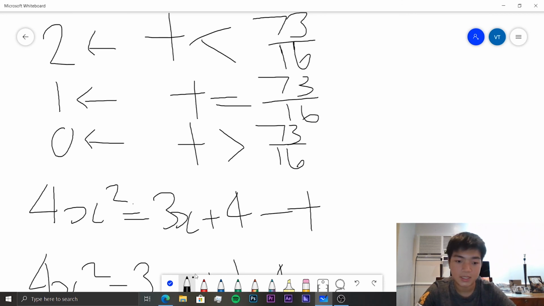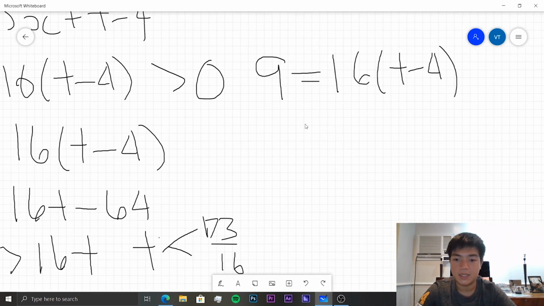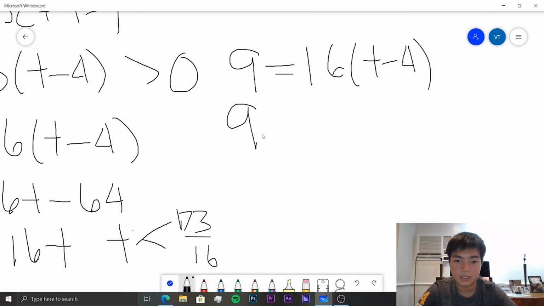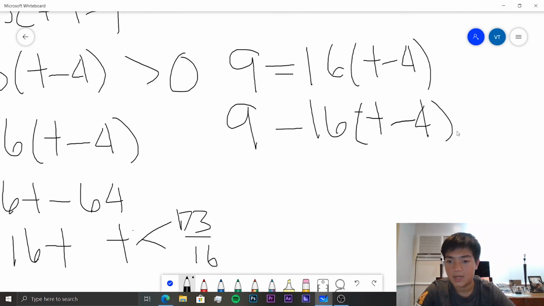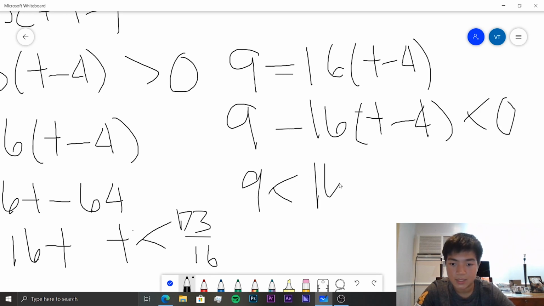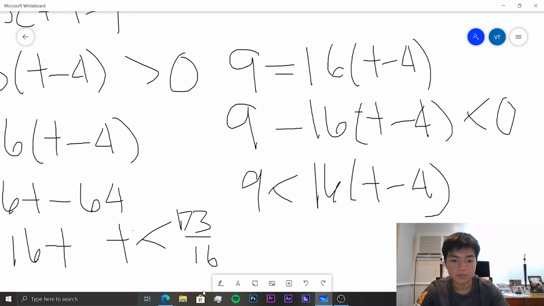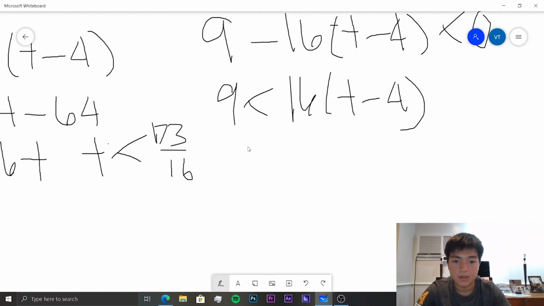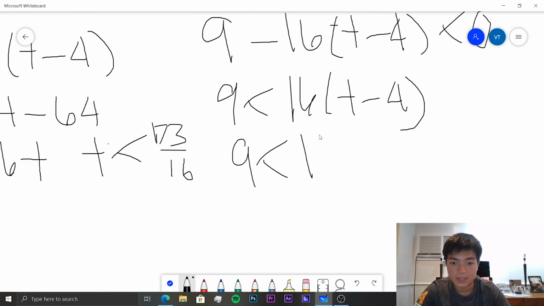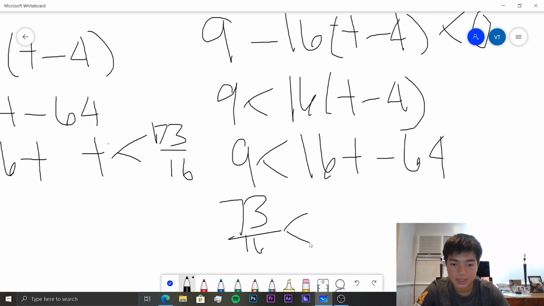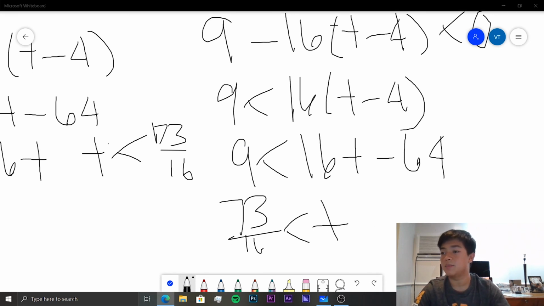In case you don't see it, let's quickly show it. 9 minus 16 times t minus 4 has to be less than 0. So 9 has to be less than 16 times t minus 4, and so we have 9 is less than 16t minus 64. So we have 73 over 16 is less than t.